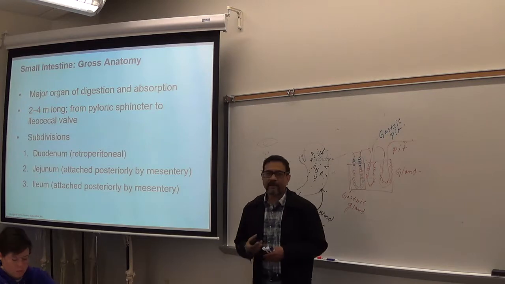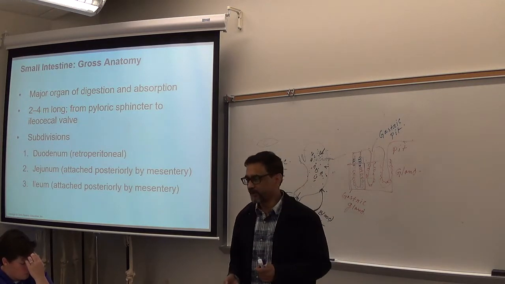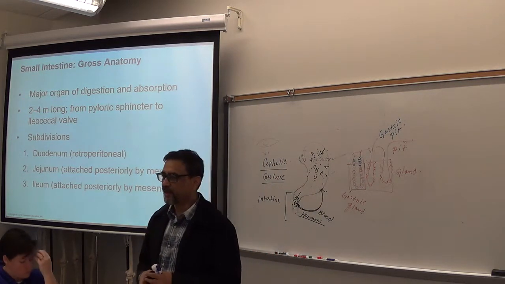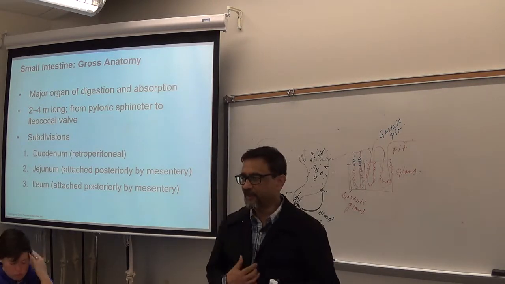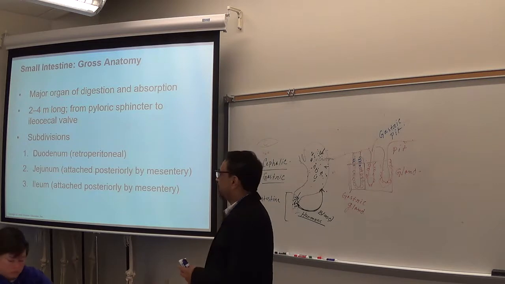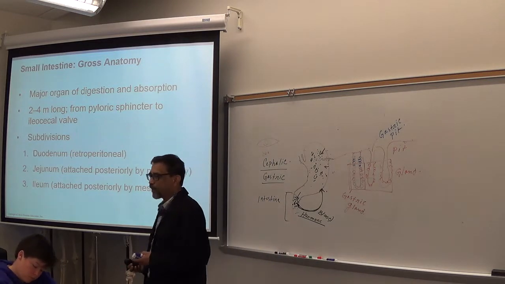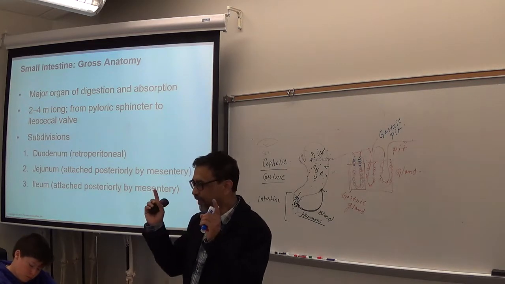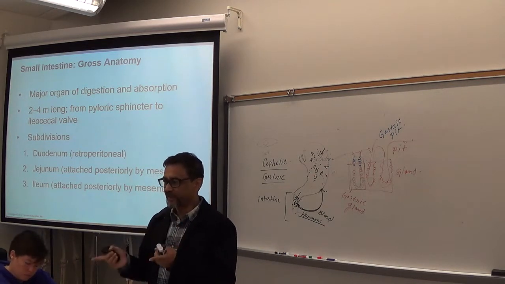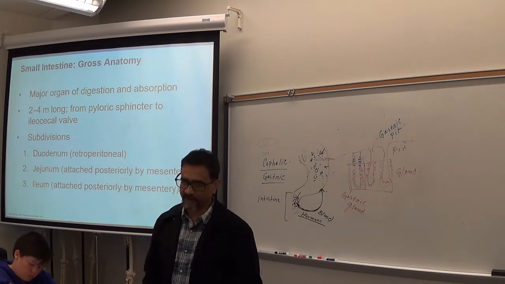Intestine. Next to the stomach is a long tube that is called the intestine, and it has two parts: small intestine and large intestine. So the intestine has how many parts? Two: small intestine and large intestine.